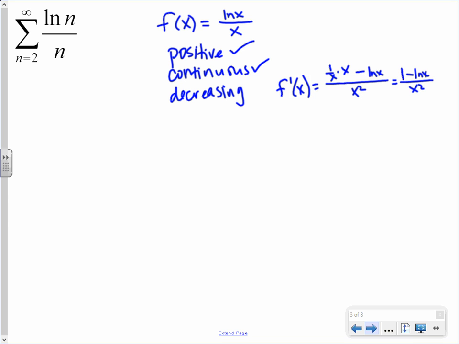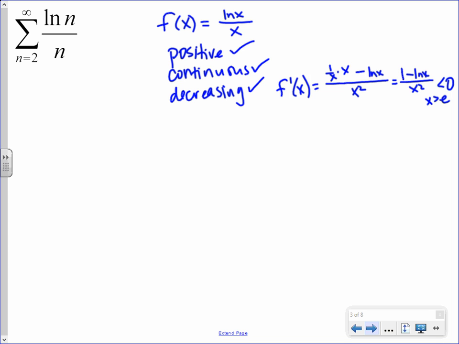It's really at e when it makes the switch. The natural log of e is 1, and so that's when the numerator would be 0. And after that, it is negative.